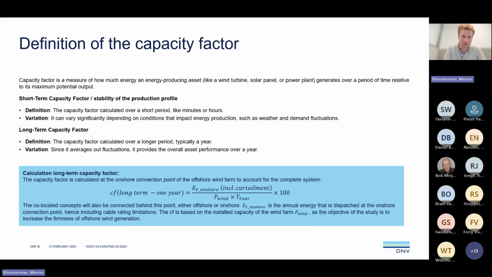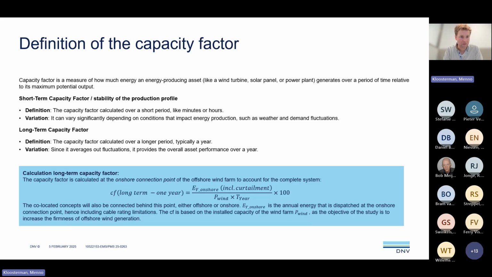This gives more of an indication of the short-term fluctuations in power, and can be used to see how much short-term fluctuation there will be in the power output of your offshore wind farm. Whereas the long-term capacity factor is calculated over a year.